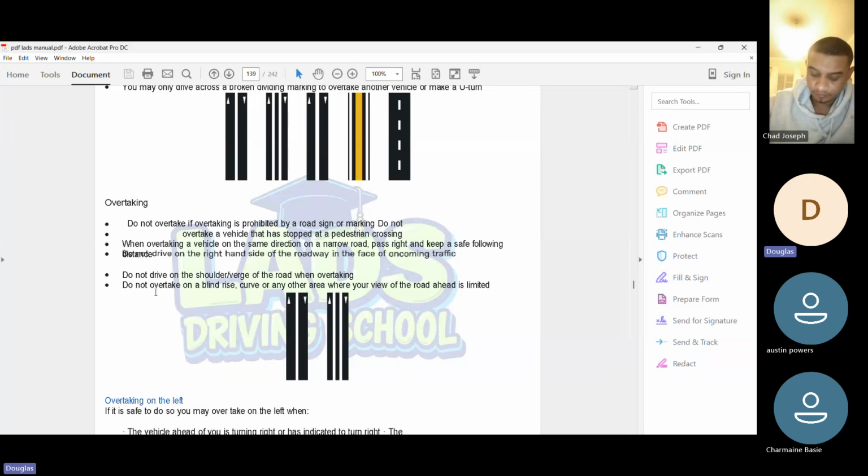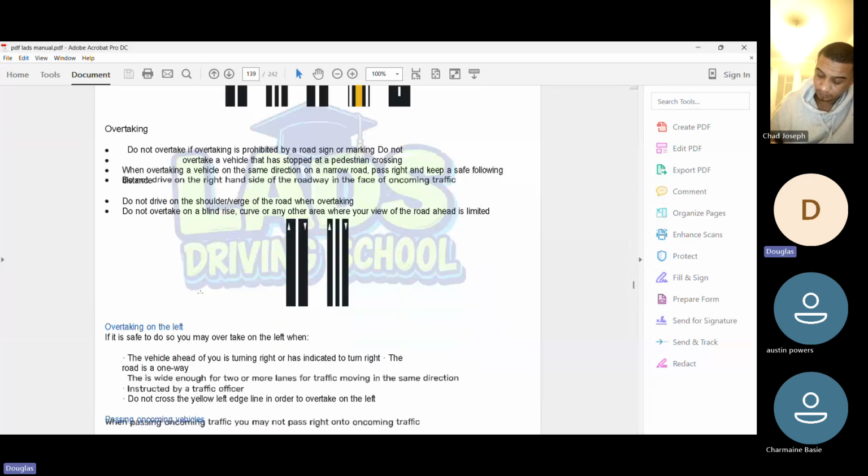If you're driving and the road is foggy, you cannot see what's in front of you. You're not allowed to overtake. If there's rain, smoke, fog, anything that limits your visibility in front of you, you're not allowed to overtake because you don't see what's coming in front of you.